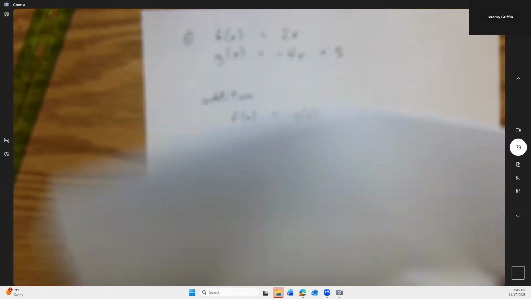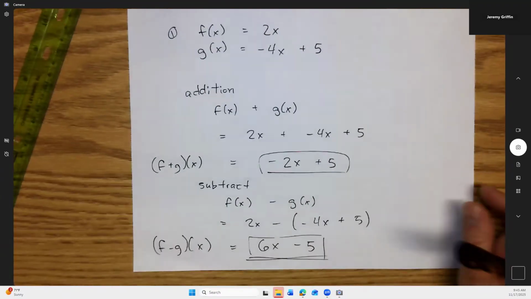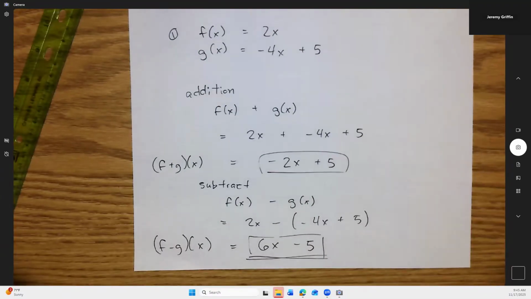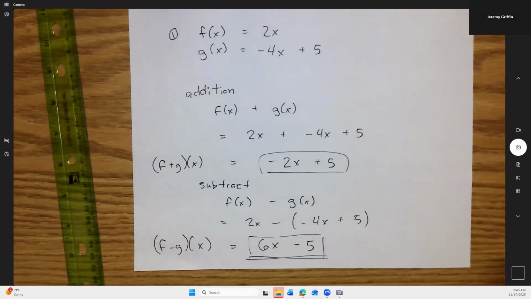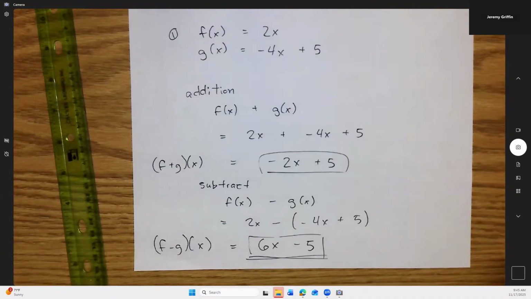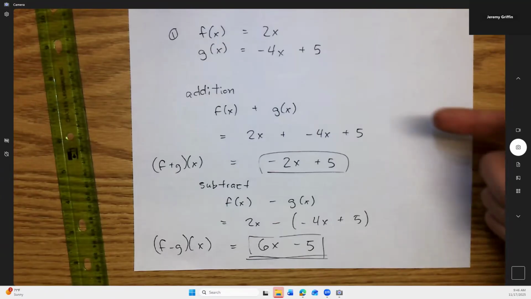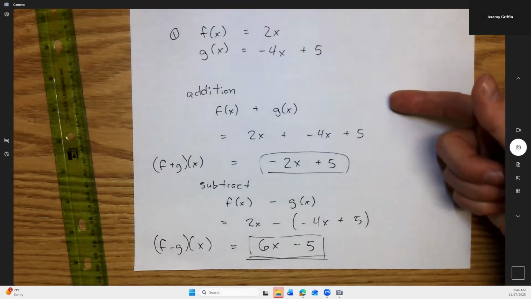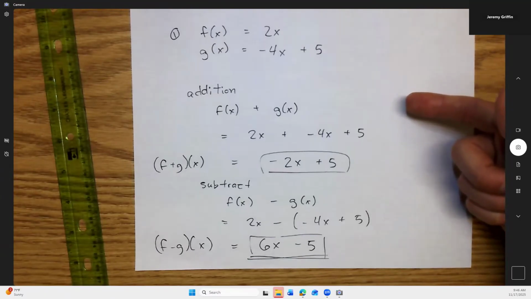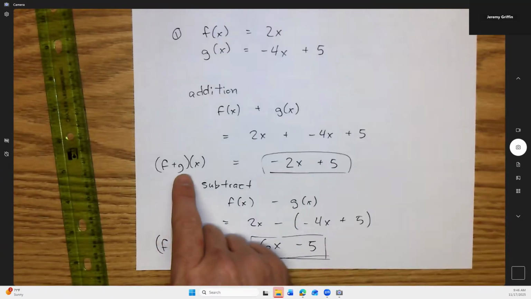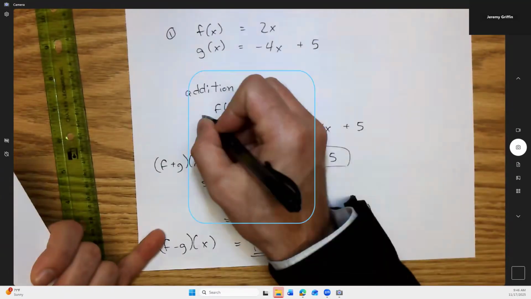Let's try multiplication. Wait, can you go back to subtraction? Yeah. What does it mean by f of g? In addition, f of x plus g of x. f plus g of x is the same thing as this.